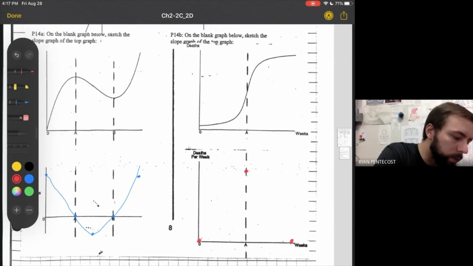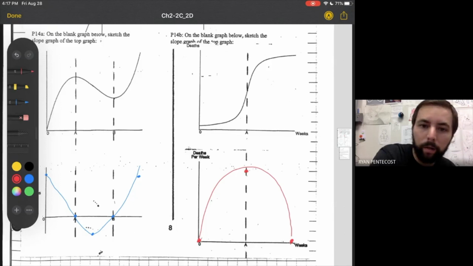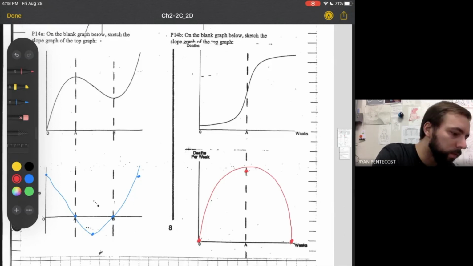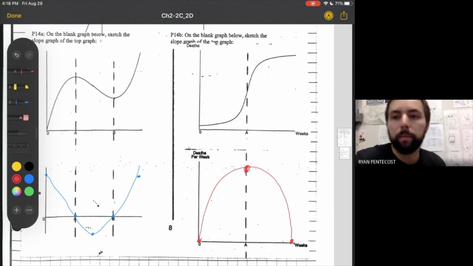So this will again give you a parabola. I missed my dot there a little bit. Forgive the missed dot. Look, my dot got bigger. I hit it. I hit the big dot. So now you have a negative parabola. And you would estimate your change in slope when you're trying to take a slope graph.